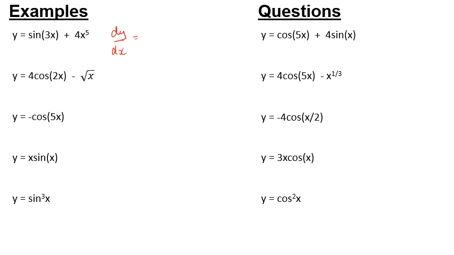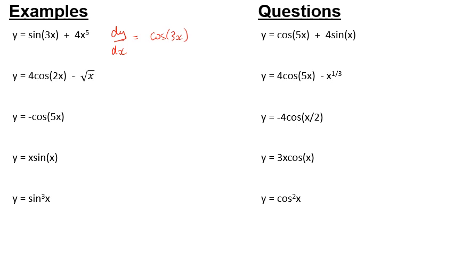So on this first one, it's sine of 3x. Now when you differentiate sine of something, it becomes cos of something. So the first thing I'm going to write down is cos of 3x. But that's not the whole story, because we need to employ here the chain rule, which is where we not only differentiate the sine part, but we also differentiate the 3x part.